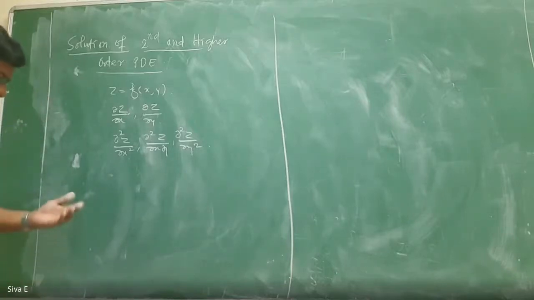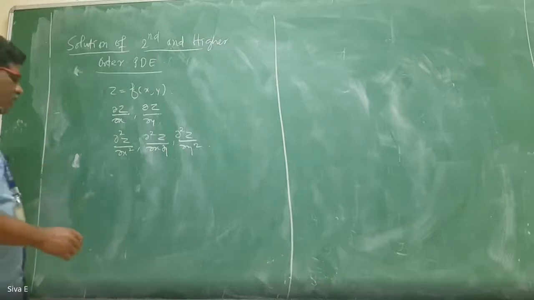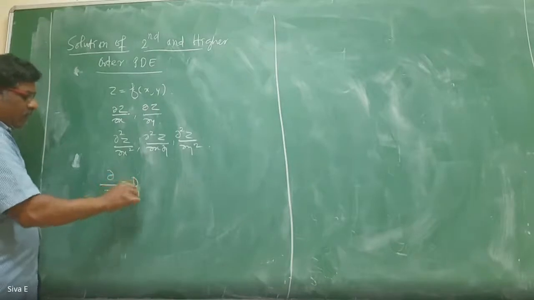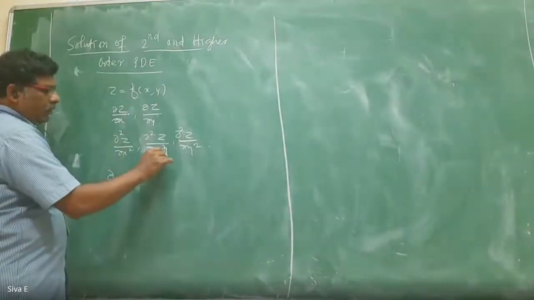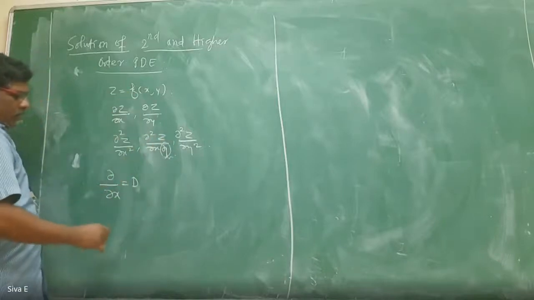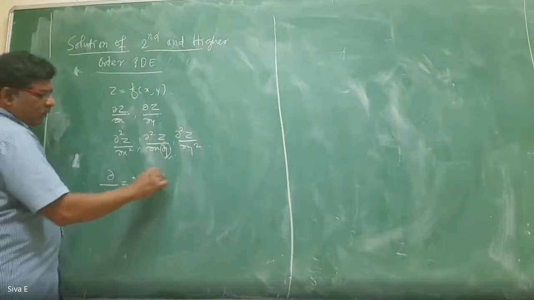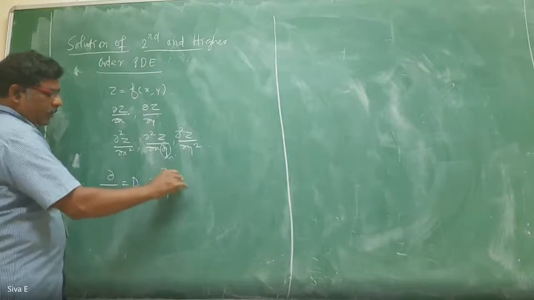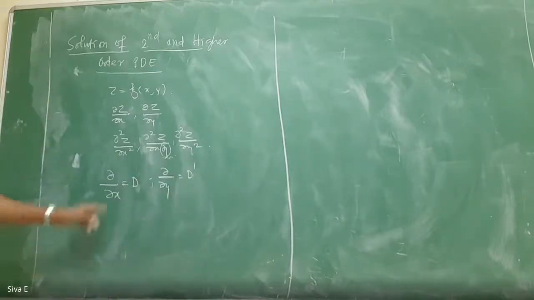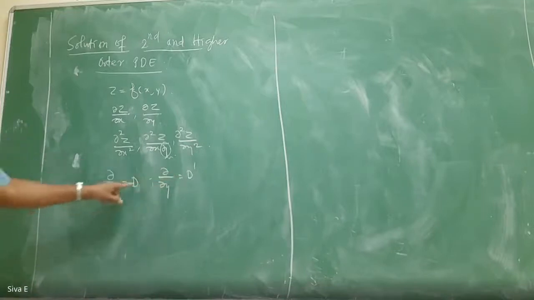Now, in case I write that dou by dou x is D, I have to give a different name to dou by dou y. So dou by dou y equal to some D dash. Dou by dou x is D.